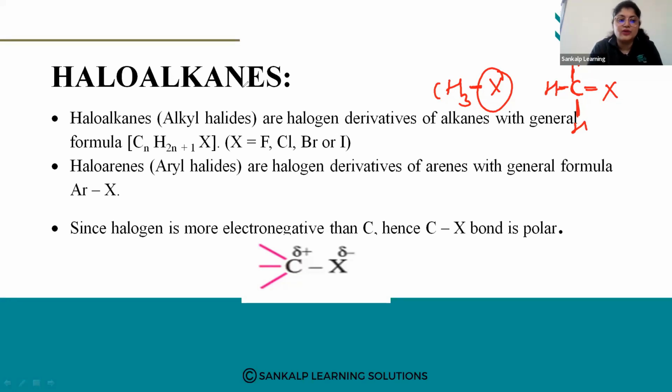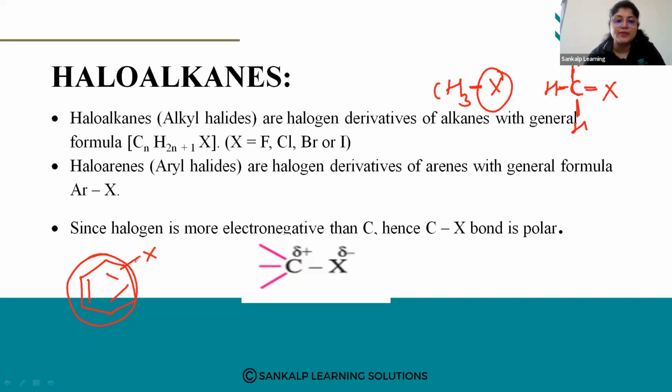So haloarenes have the halogen attached to an aromatic ring, and they are represented like this. This is an aryl group, meaning an aromatic ring, and there is a halogen attached to that aromatic ring.